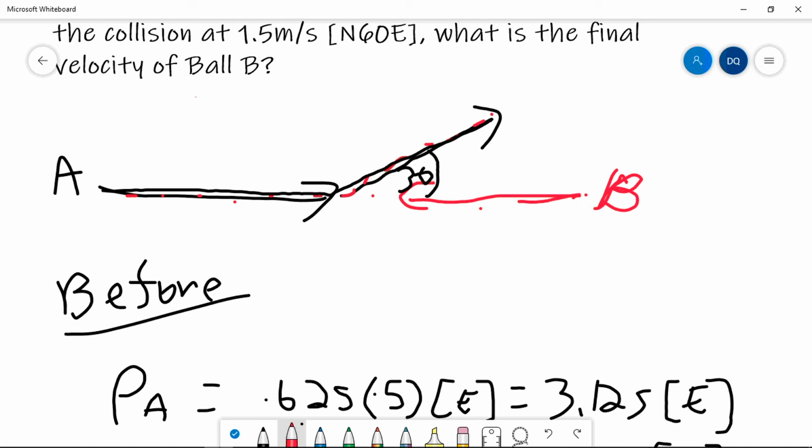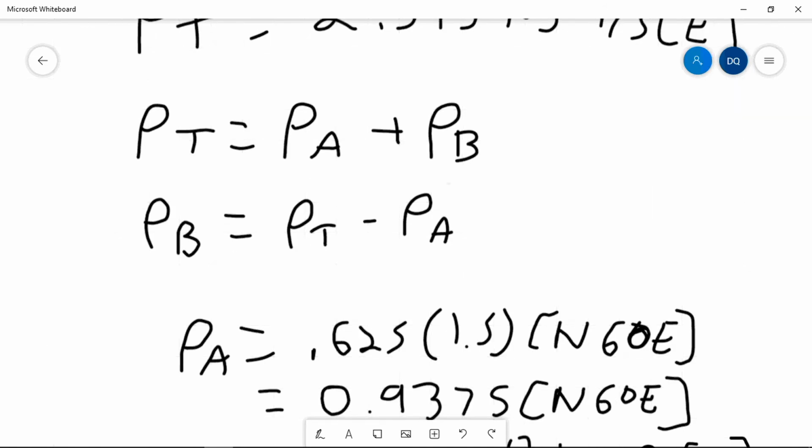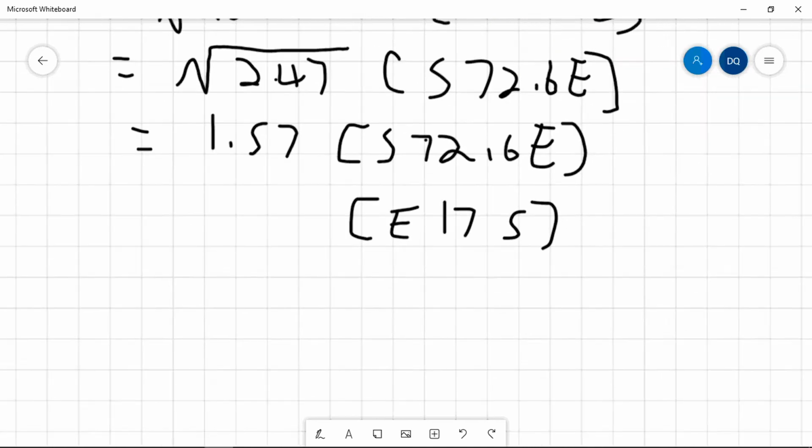So that ball B, after colliding, must have bounced back that way, mostly east. And at the end of the video, I'll show you the balls colliding again, so you can see that that's what happened.